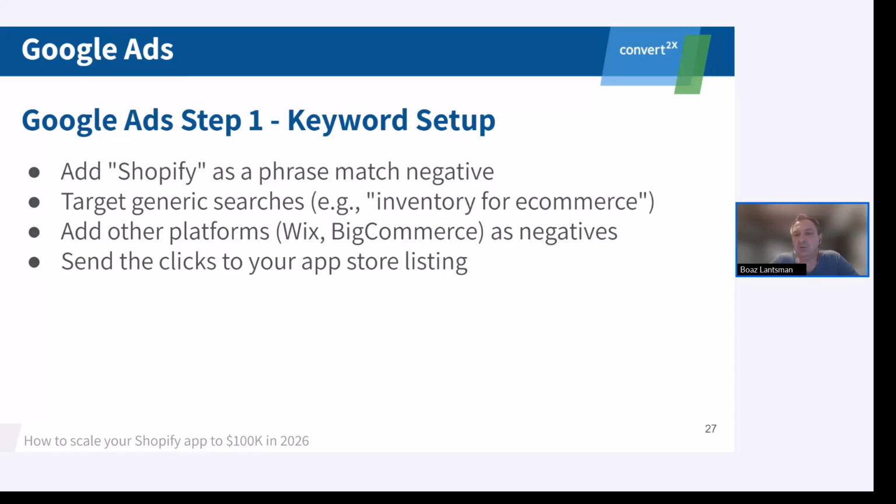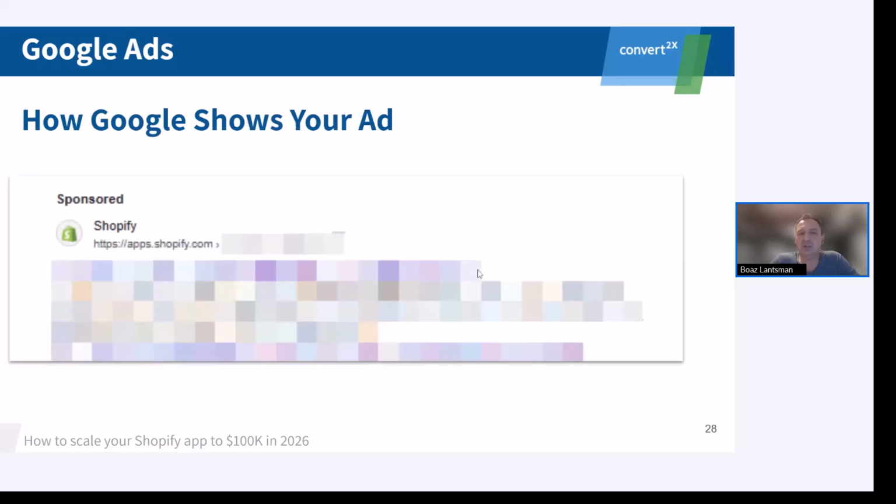A third reason is that when you send your Google Ads to your App Store listing, with the URL apps.shopify.com and then the specific URL of the app, Google automatically sees this as sponsored, so it's an ad. Google adds the bag icon and the word Shopify, so it says app Shopify.